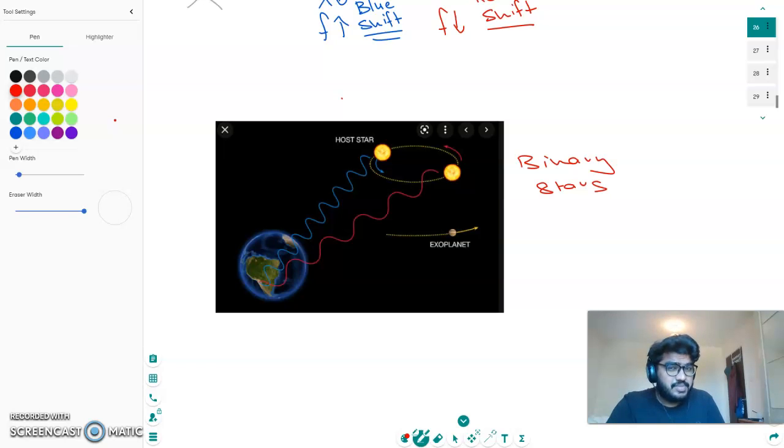Now, the reason this could be observed is because as one star moves closer to the Earth, you notice this blue shift from the light that comes out of the star. And as the other star moves further away from the Earth, you notice a red shift that comes out of the light from the star.